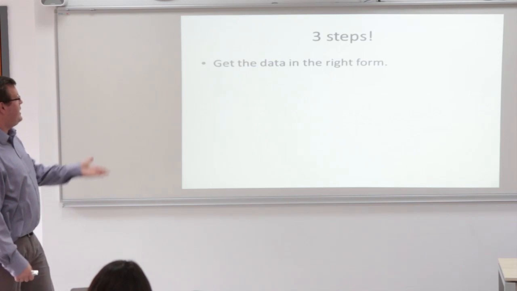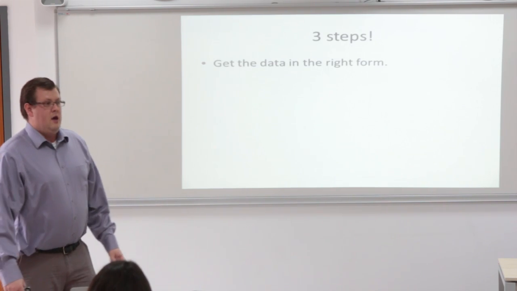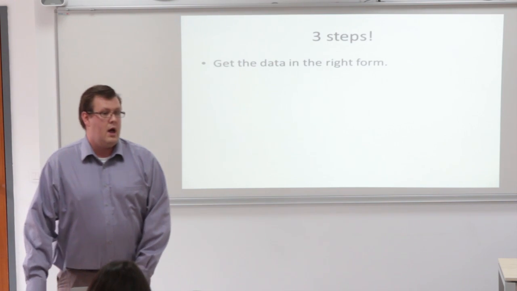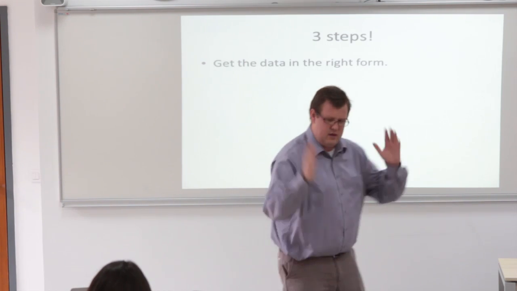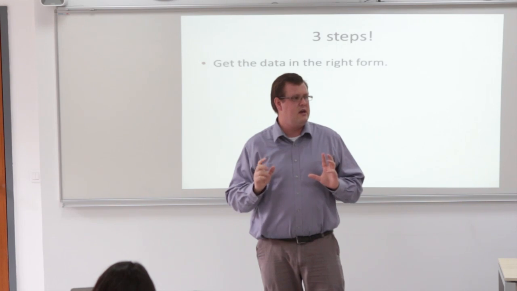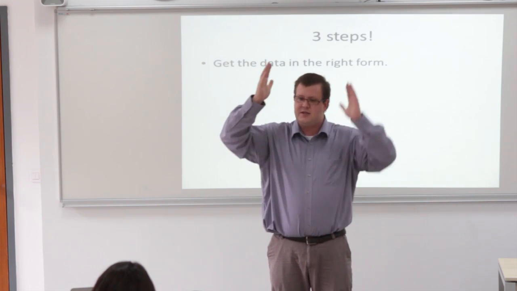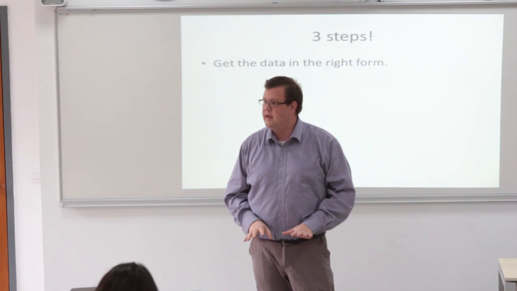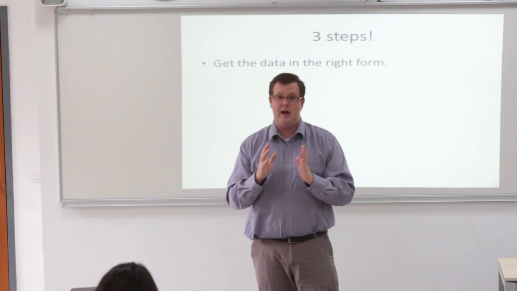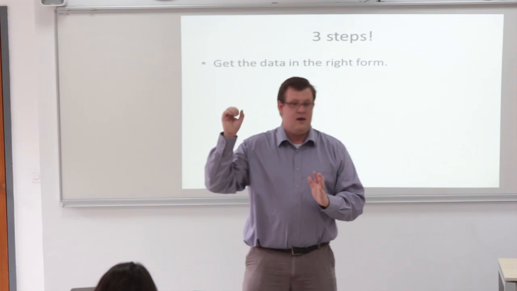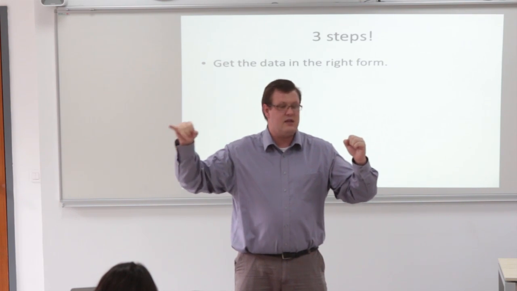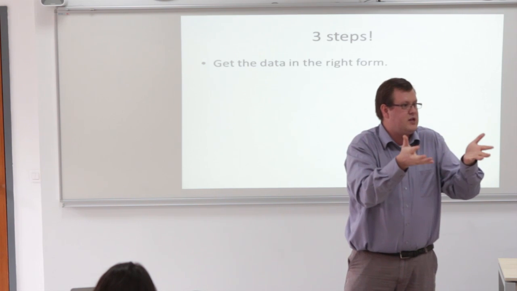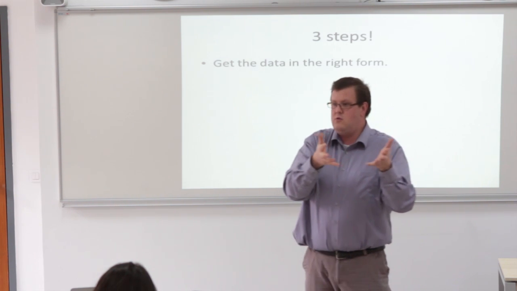So you've got 3 steps. You need to have the data in the right form. For this class, typically I'll provide you the data basically in the right form. If you've opened up the CSV file, you see how I have each row ordered. This is exactly how I set up my files when I'm collecting data. I say which condition it's from, using the different levels of the different factors, and then I give the observation of the dependent variable.